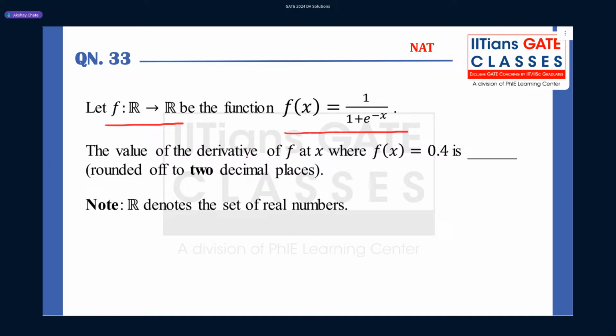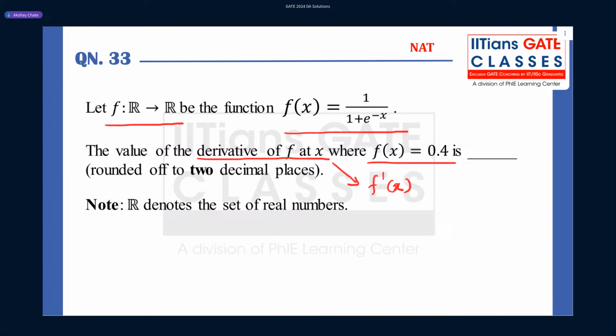First of all, the language is slightly tricky here. They are asking for the value of the derivative of f at x, so that means they are asking for f dash of x, but where? They have not mentioned at what x. They are mentioning that it is where f of x is equal to 0.4. So this question is slightly tricky because they have not directly given you the x where you want to find the derivative.